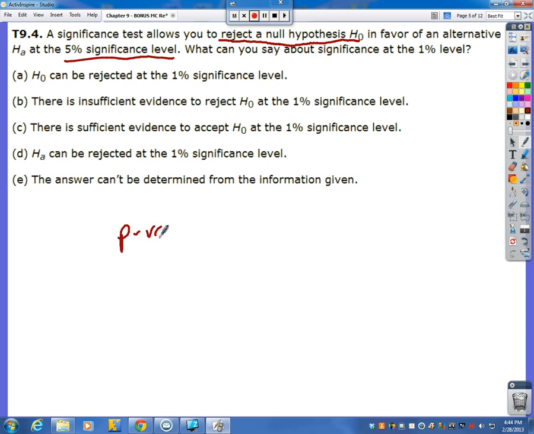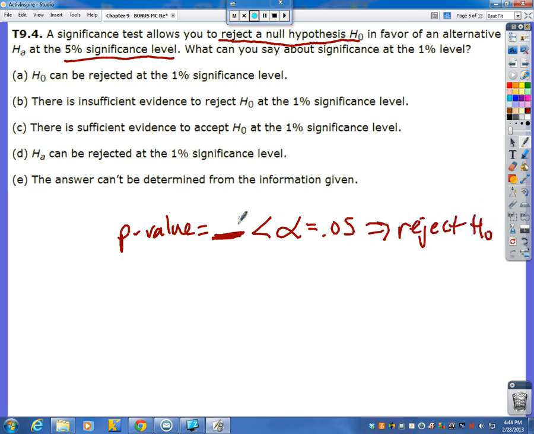So that means our p-value, whatever it is, had to be less than our alpha value of 0.05 or 5% to reject. Okay, so our p-value had to be smaller than 5%. What can we conclude at the 1% level?